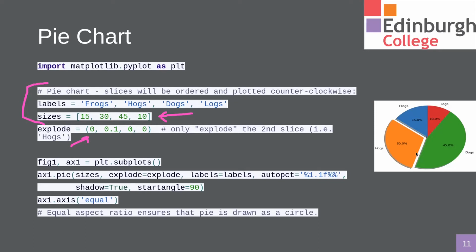Explode just means that we're making this orange one kind of exploded away from the pie chart. And then we just run some other kind of boilerplate code, like code that we find that comes with the pie chart. And we can tweak all of these values to generate different types of pie charts.